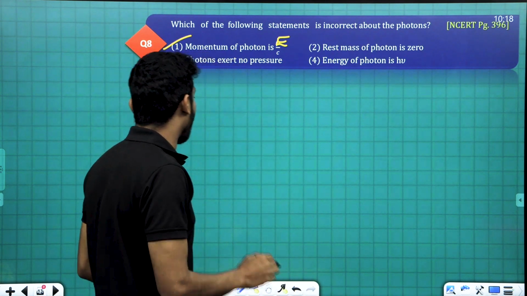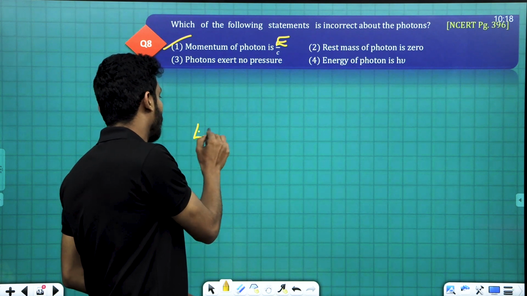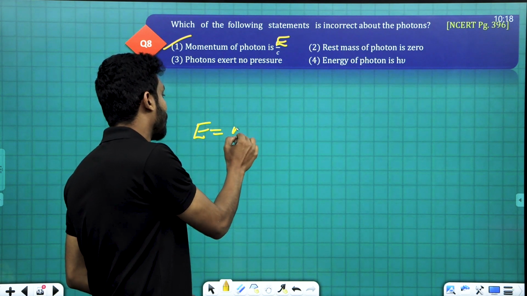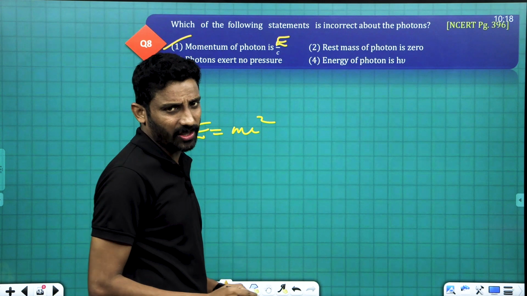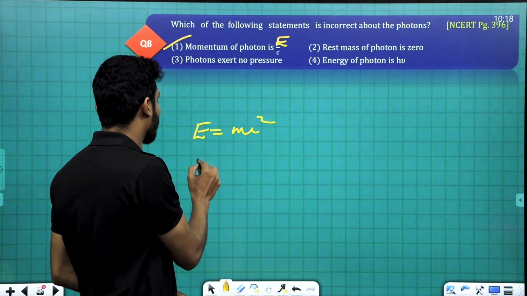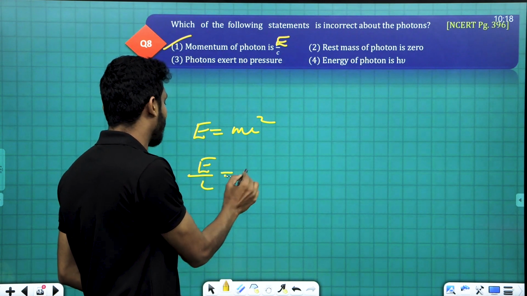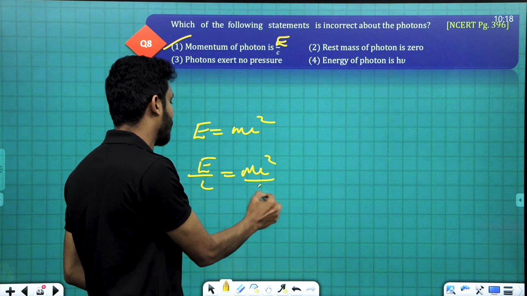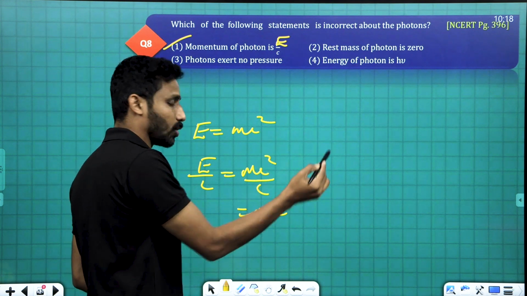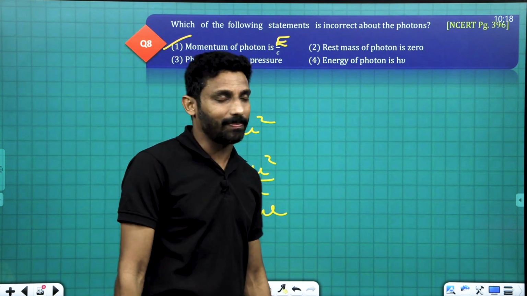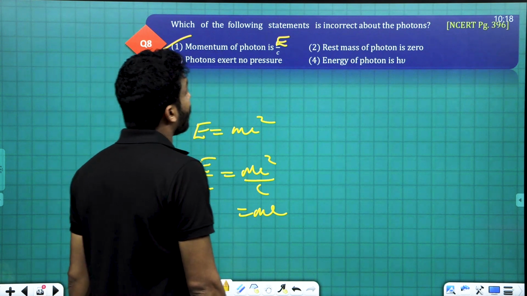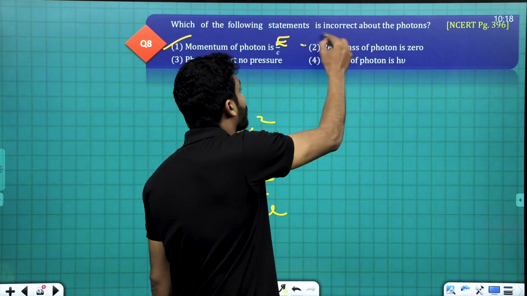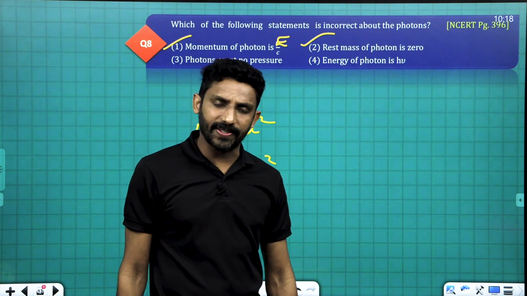Energy of a photon is mc square, that is the energy-mass relation. And what is E by c? E by c is mc square divided by c, which is mc, mass into speed. That is momentum. Rest mass of a photon is 0. Yes, rest mass of a photon is 0.